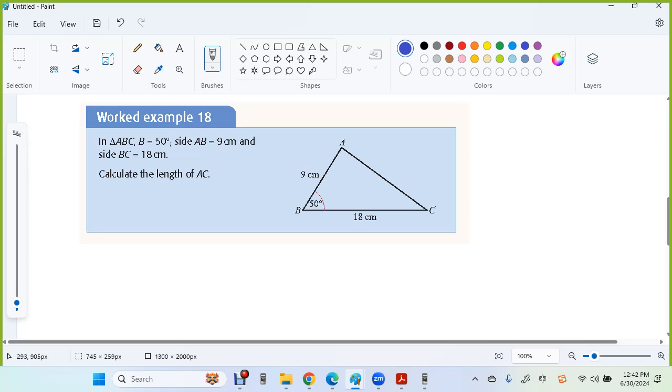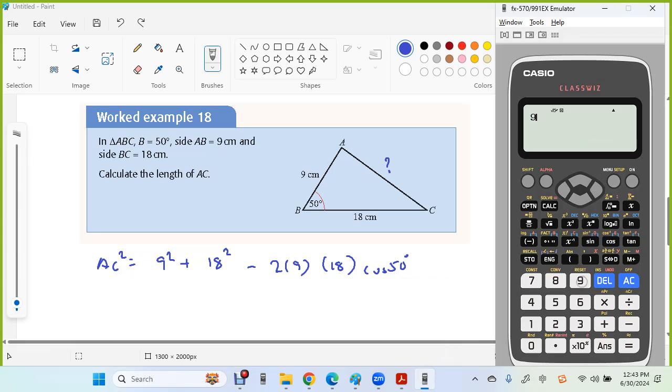Look at worked example 18. In triangle ABC, we have 50 degrees, 9 cm, 18 cm. We want to find AC. So AC square will be 9 square plus 18 square minus 2 times 9 times 18 cos 50.